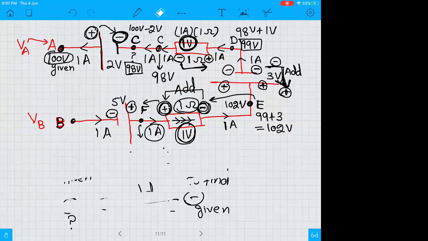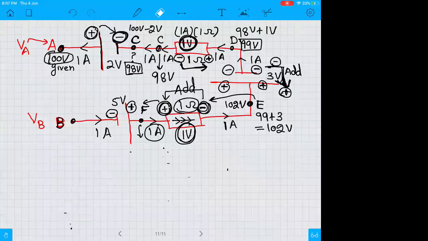And this 1 volt across 1 ohm will be added because you are moving from the negative terminal towards the positive terminal. And here you will get 102 plus 1. So it would become 103 volt.